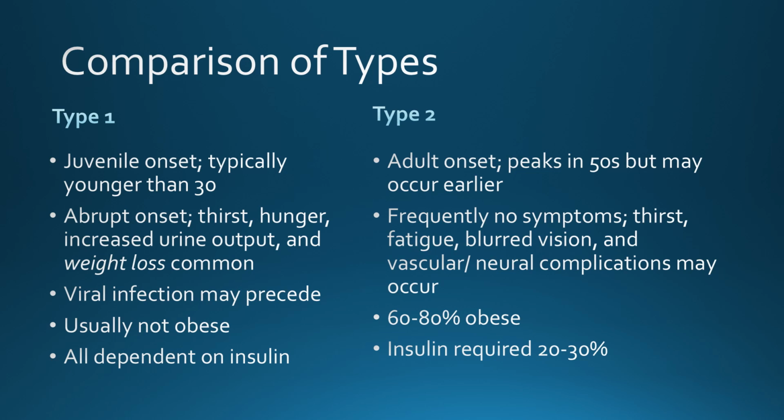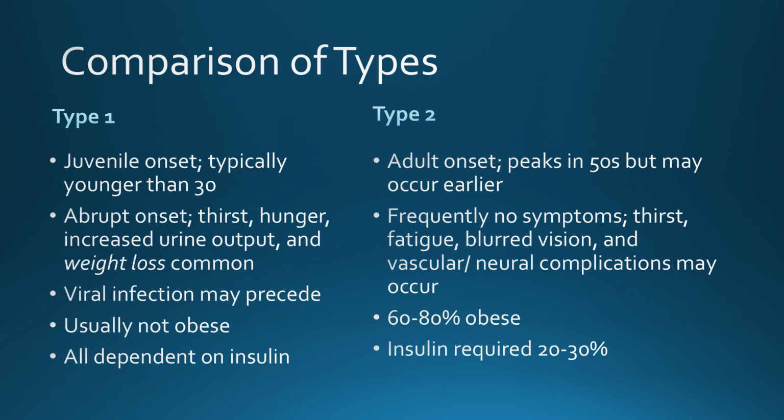All right, type 2 diabetes then is typically adult onset. We see the most diagnoses beginning in the 50s, but it can occur earlier. And as we see an increase in obesity and other health conditions, we are seeing earlier and earlier diagnoses of type 2 diabetes.